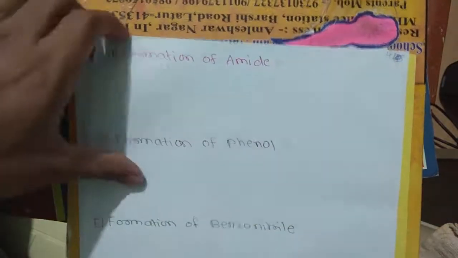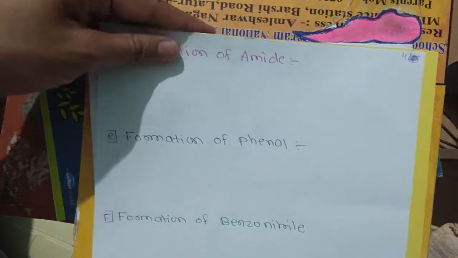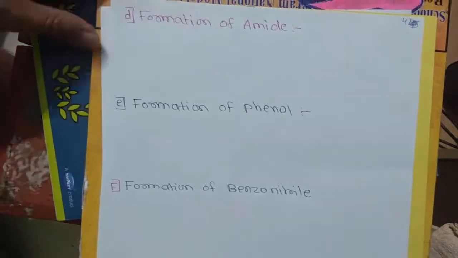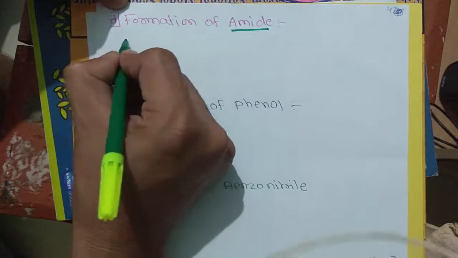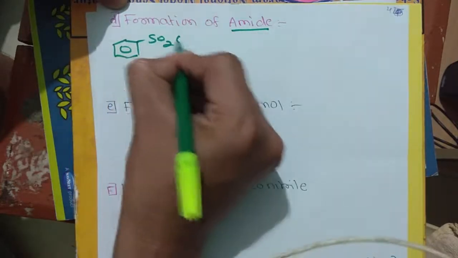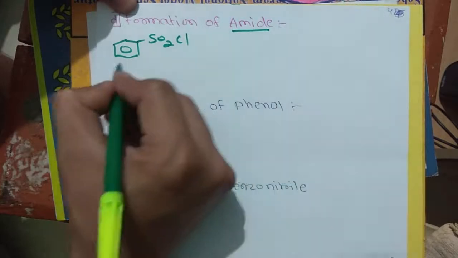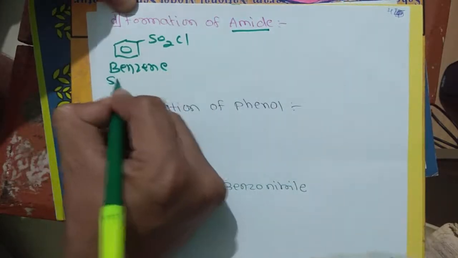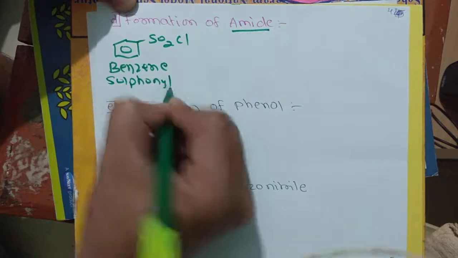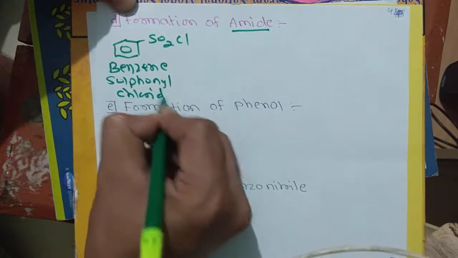The next reaction is the formation of amide. How to form the amide? Here we take the new molecule, SO2Cl, benzene sulfonyl chloride.